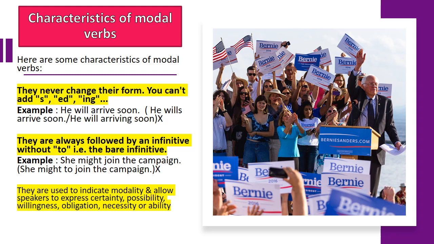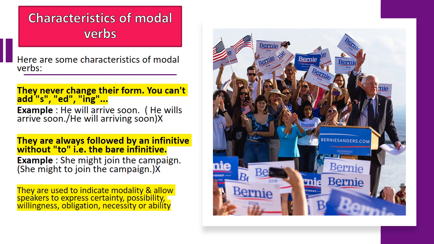That is the bare infinitive. Infinitive means to plus first form of verb. Bare infinitive means first form of verb without to. So here modals are always followed by the first form of verb, that is bare infinitive. For example, she might join the campaign. If you write she might to join the campaign, this is wrong.